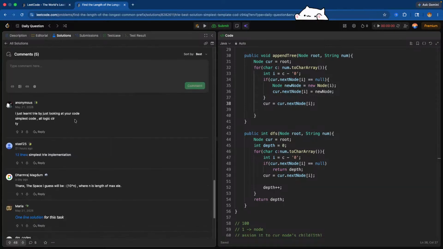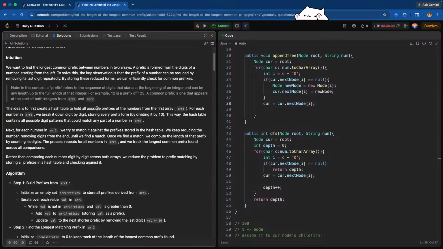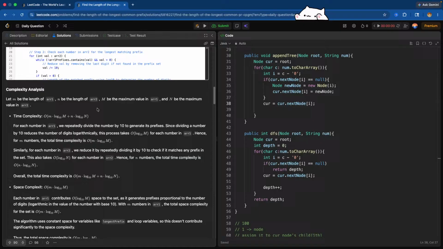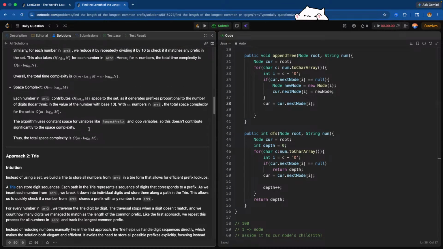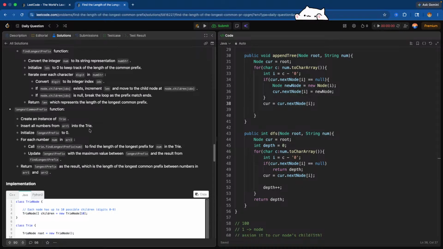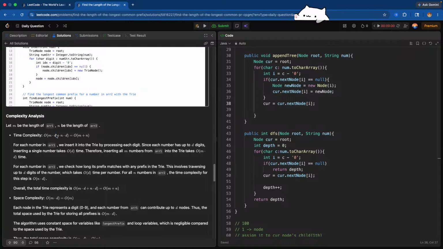So what's the time complexity? Can anyone explain the time complexity here? M into depth plus.